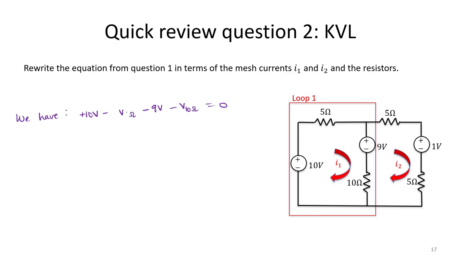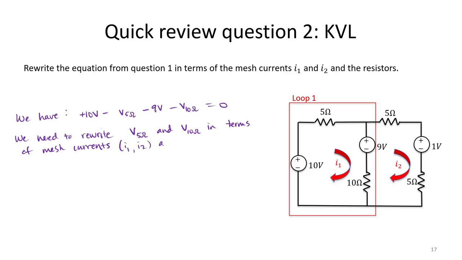So we need to rewrite that term V 5 ohms and V 10 ohms in terms of mesh currents, so I1 and I2, and the resistors.